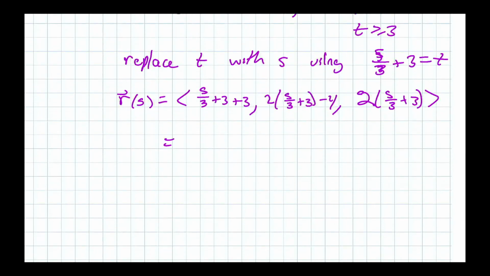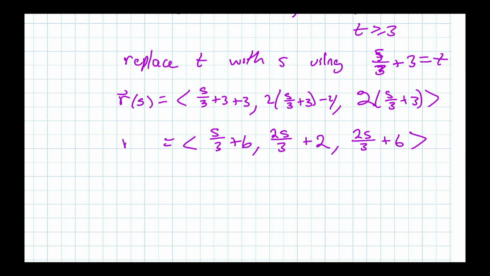Simplify that if you can. So you have s over 3 plus 6. The other one is going to be 2s over 3, and then 2 times 3 is 6, 6 minus 4 is 2. And the last one here, 2s over 3 again, and then plus 6. So this is r of s.